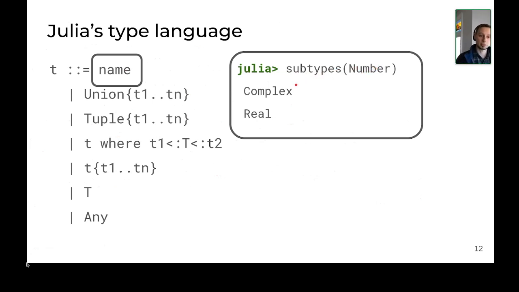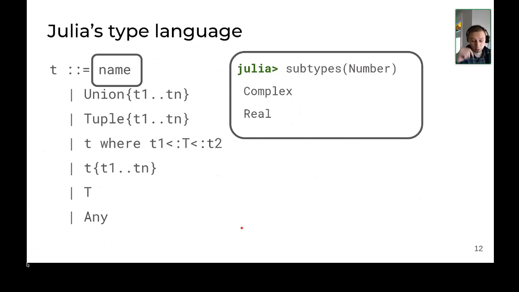For example, number has these two subtypes, and if you want a concrete type, you have to iterate the application of subtypes. You take subtypes, apply it to number, then apply it to complex, and then you apply it more and more, going down the subtype lattice. And when you hit the bottom, which means you hit a concrete type, then you can stop.